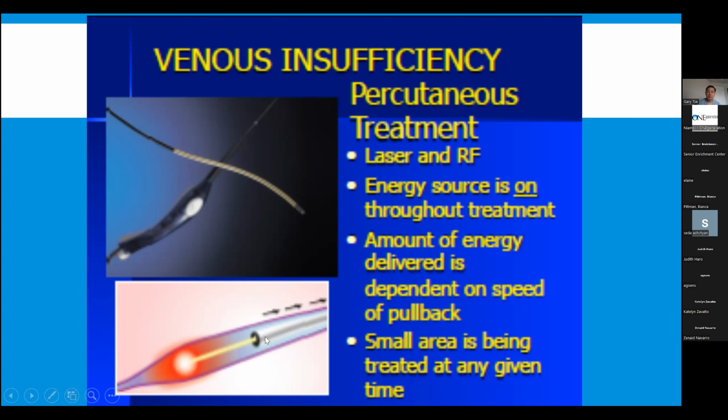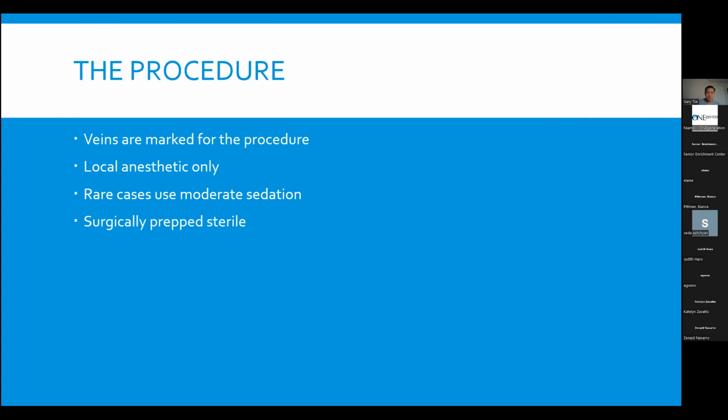It gets slowly pulled back and it's releasing energy or heat onto the walls of the vein, and it causes it to get damaged and scar down. And the whole point of it to scar down is so that vein no longer can reflux. Blood can no longer pool in that vein and cause damage to the skin in the calves and the ankles, causing ulcers or causing the darkening of the skin or the scarring of the skin.